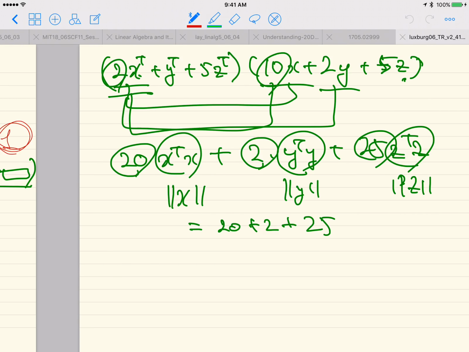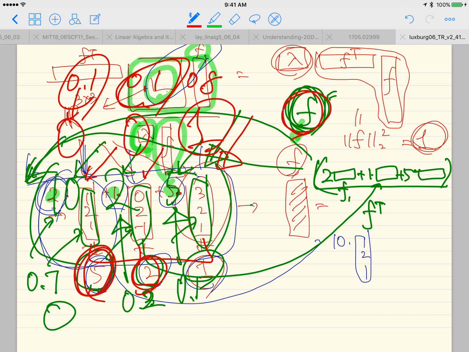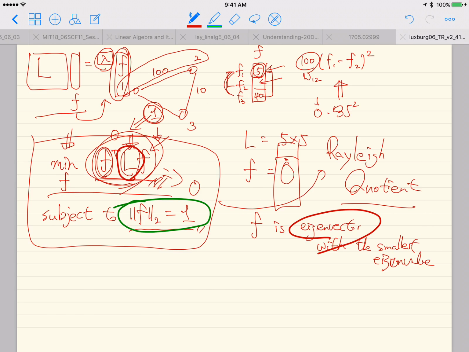And then how can we guarantee this? I made a few assumptions that these eigenvectors should be orthogonal to each other, or perpendicular to each other. This assumption is true when the matrix L is symmetric.